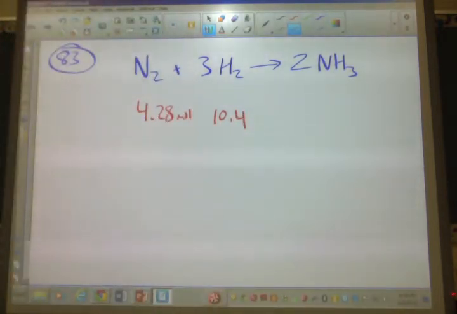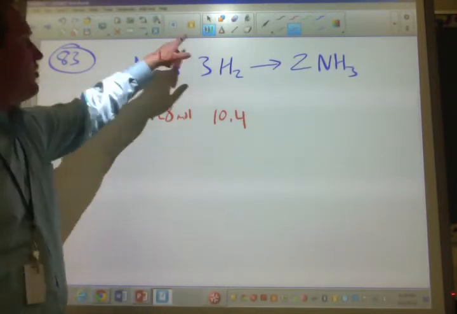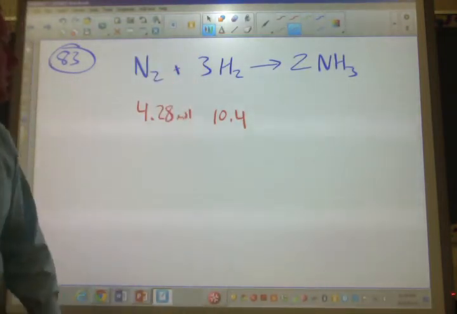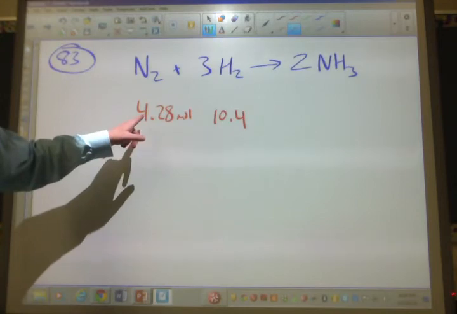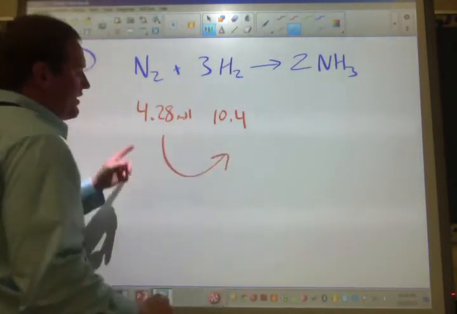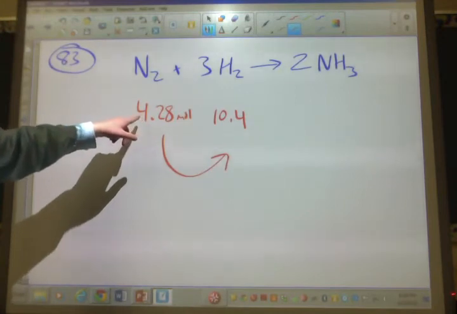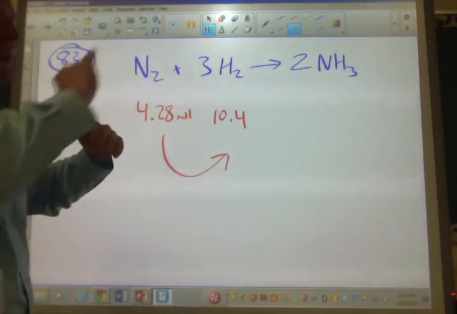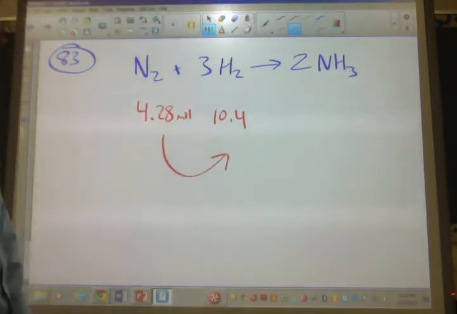And yes, I can in fact eyeball this one. Basically, I need a 1 to 3 ratio. So if I have 4.28 moles, I would need 3 times that. Well, I could just tell this is more than 4. So I would need at least 12, probably more like 12.84, something like that.